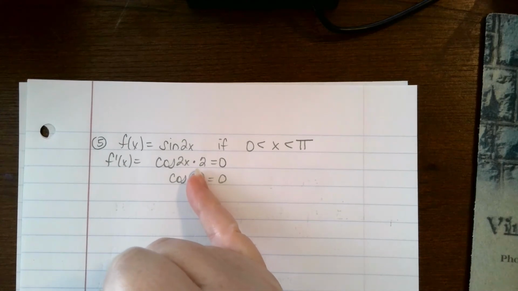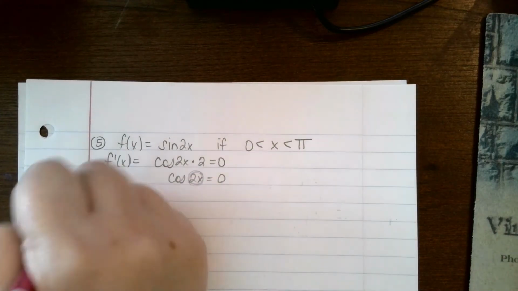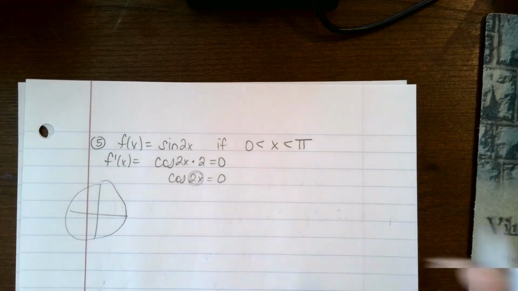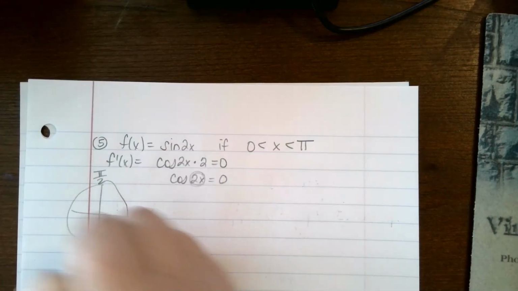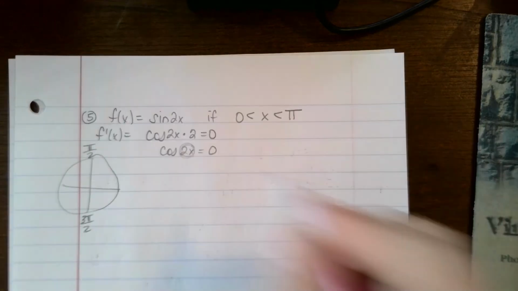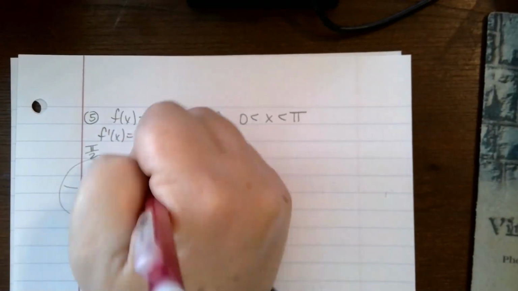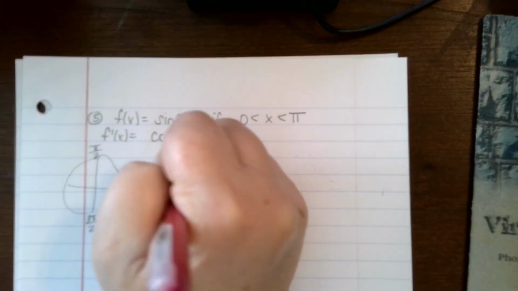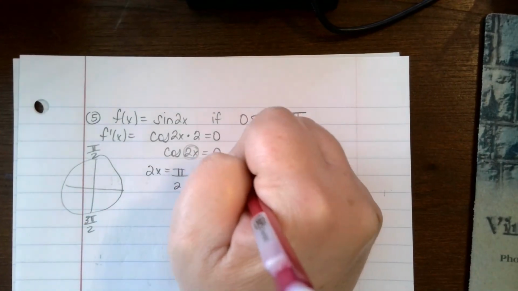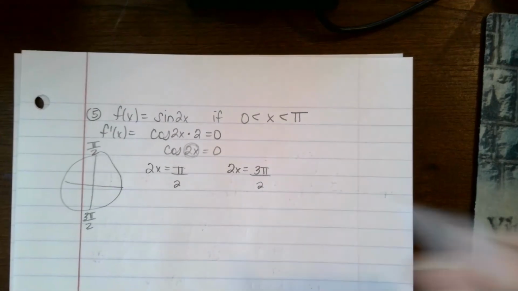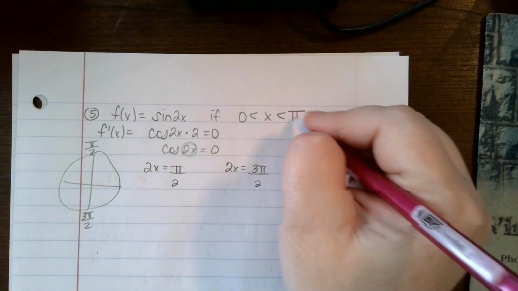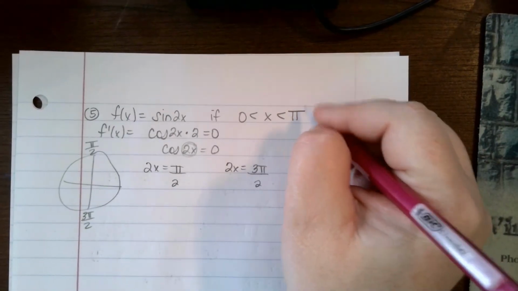Now what you need to do is figure out where cosine is equal to 0. If you've got your graph right here, cosine is going to equal 0 at pi over 2 and 3 pi over 2. So to find x, you have to say 2x is equal to pi over 2 and 2x is equal to 3 pi over 2. Now, I know 3 pi over 2 is bigger than pi.